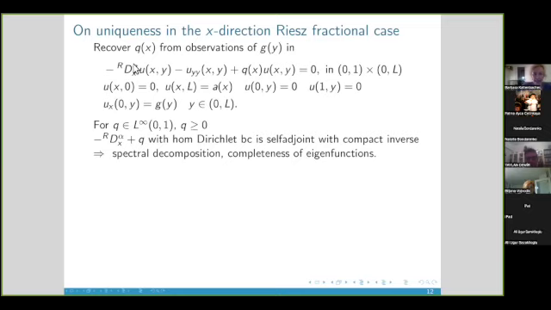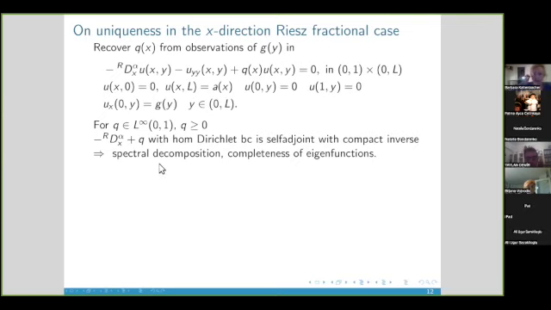And it's again the x direction operator, which is now of fractional differentiation order, and still it's the q of x multiplication. And the boundary conditions are, for simplicity, just homogeneous Dirichlet. So this is a self-adjoint operator with a compact inverse.